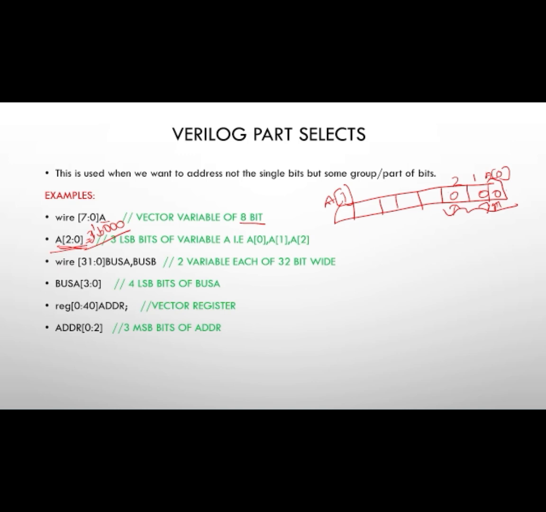Similarly, for example, if you want to send some 32-bit data to bus A as well as some 32-bit data to bus B, then instead of writing these two lines separately, you can just put a comma and write it here itself. Since both have the same memory location width, you can directly mention it like this instead of writing it like this.